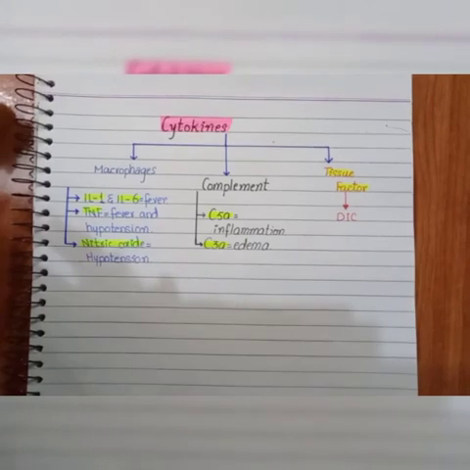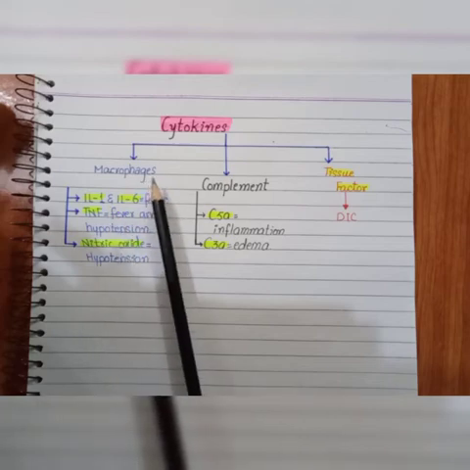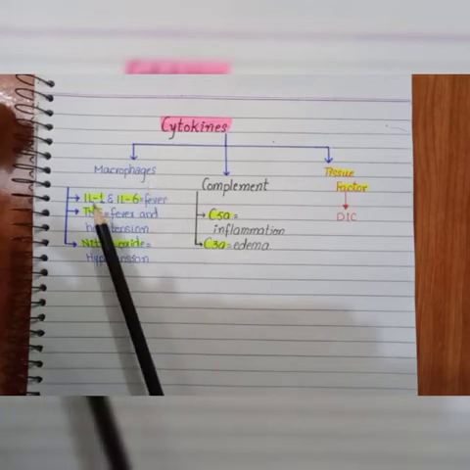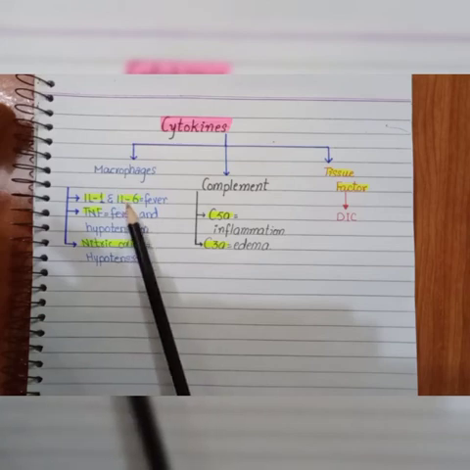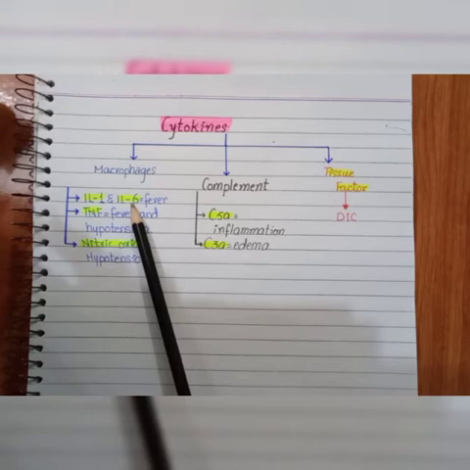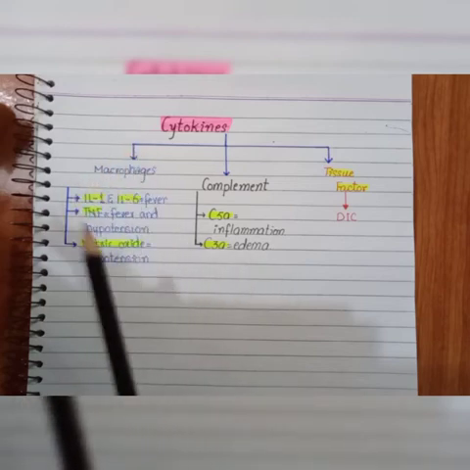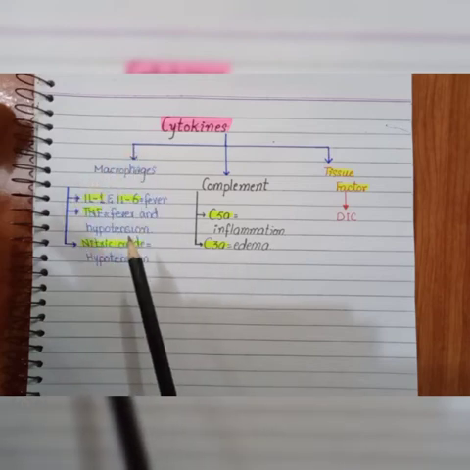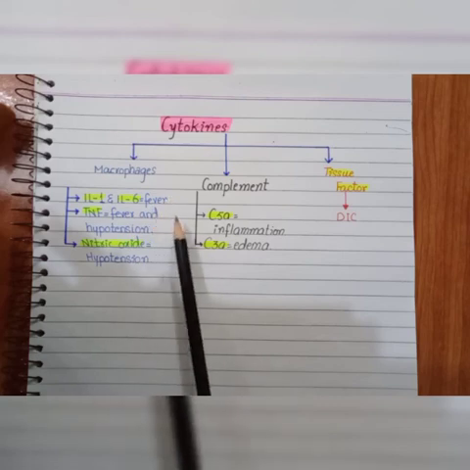So here we have some biological effects of endotoxins that are caused after the release of the cytokines. When lipid A activates the macrophages, it will cause the release of interleukin 1 and interleukin 6. When these are released, they act on the hypothalamic regulatory center and cause fever.